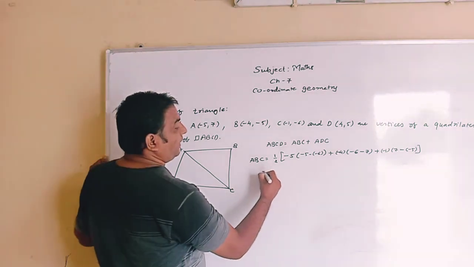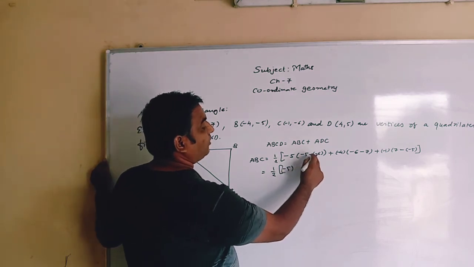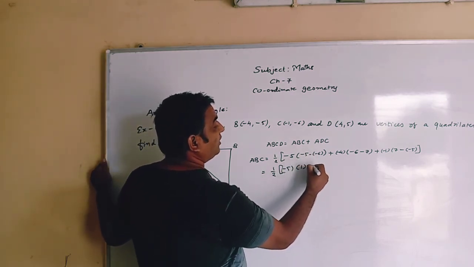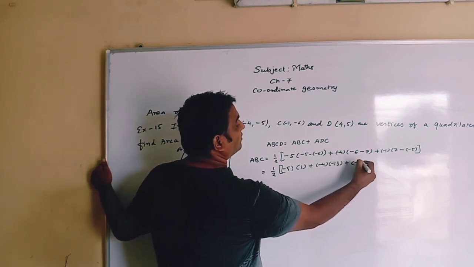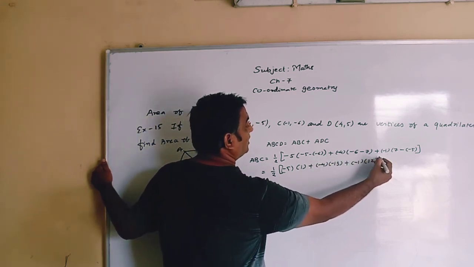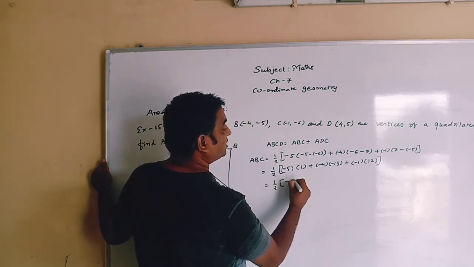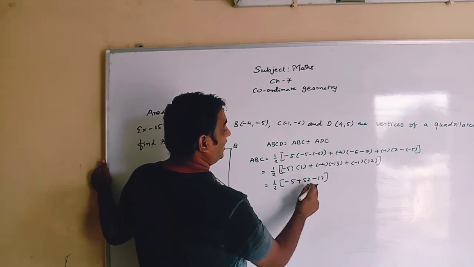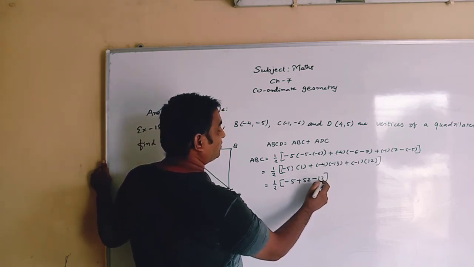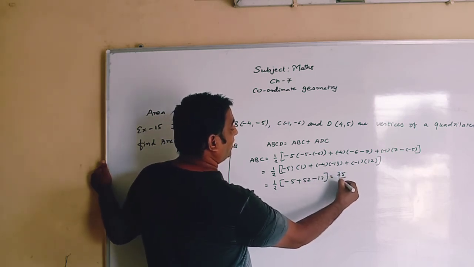And so we simplify it: 1 by 2 [−5 into (−5 + 6), so 1, plus −4 into −13 plus −1 into 12]. So it will be 1 by 2 [−5 plus 52 minus 12], and so 52 minus 12 is 40, minus 5 is 35, so 35 by 2.